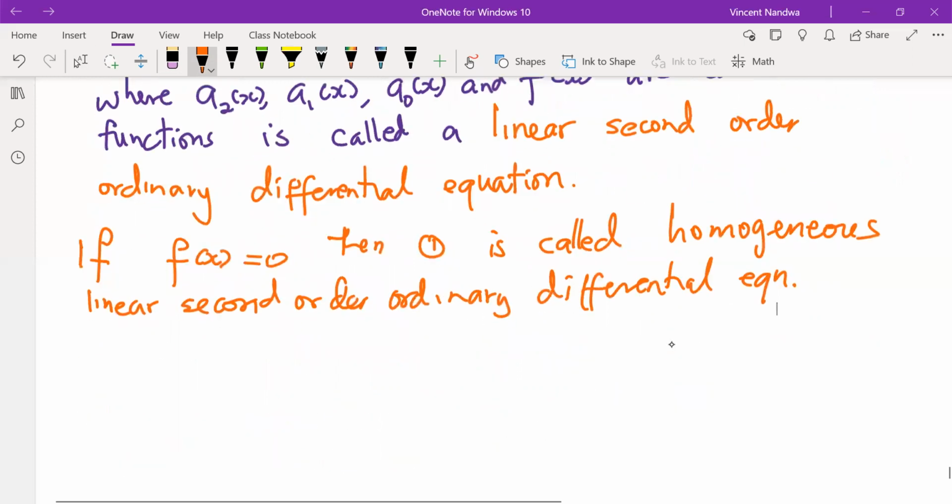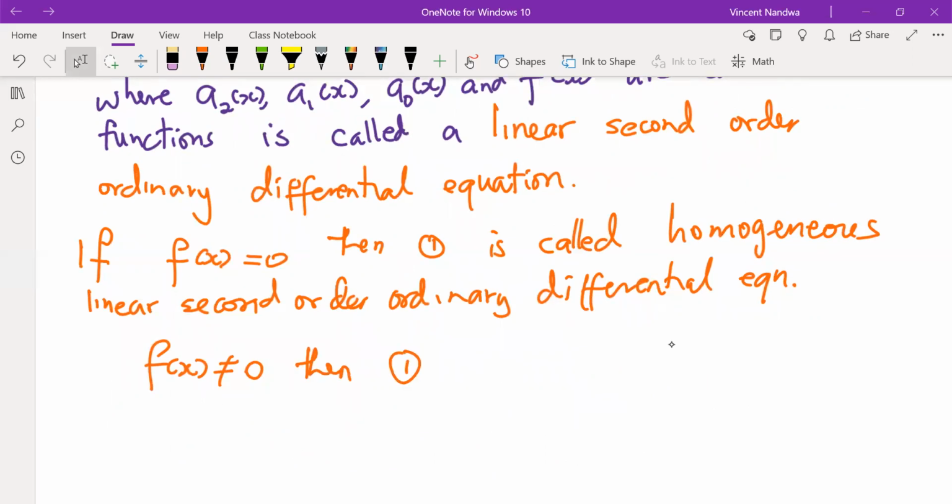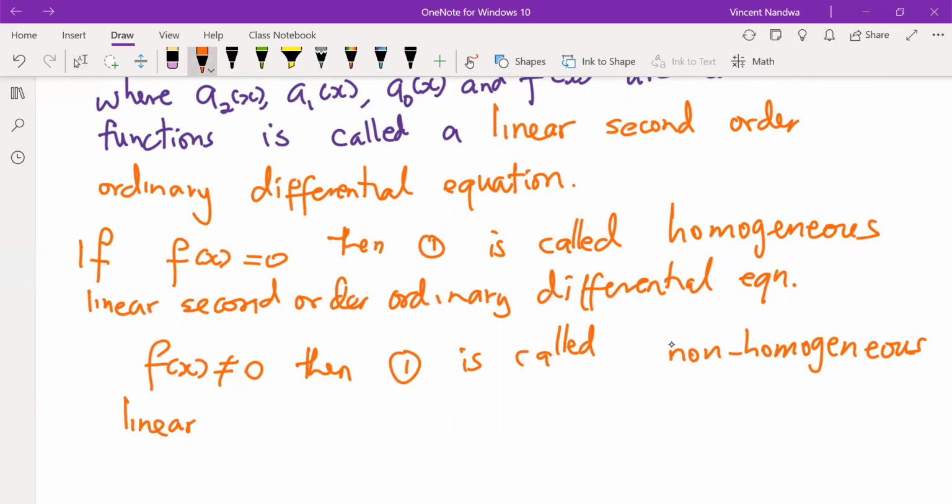But when f of x is non-zero, then 1 is called a non-homogeneous linear second-order ordinary differential equation.